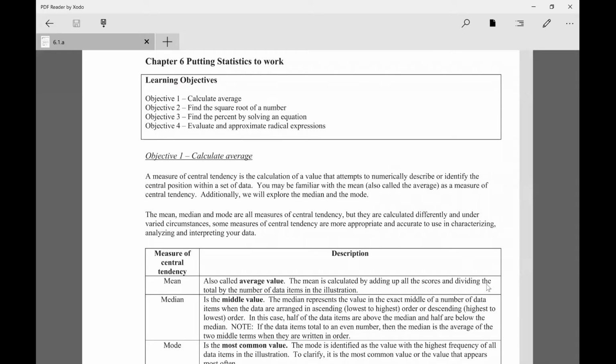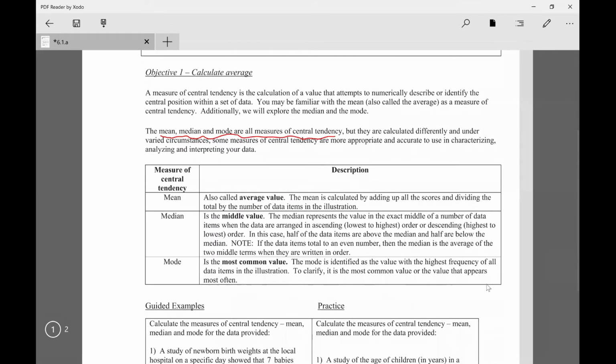The mean, the median, and the mode are all measures of central tendency, or where the center is. But they're calculated differently. The one we're going to focus on in depth is the mean. I'm sure you've seen the mean before, where we add up all our terms.